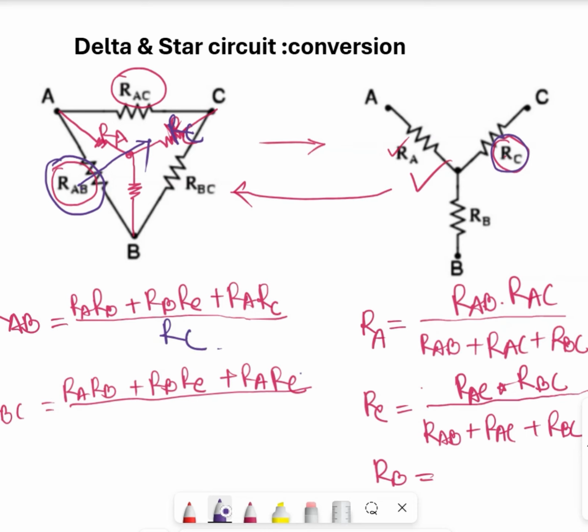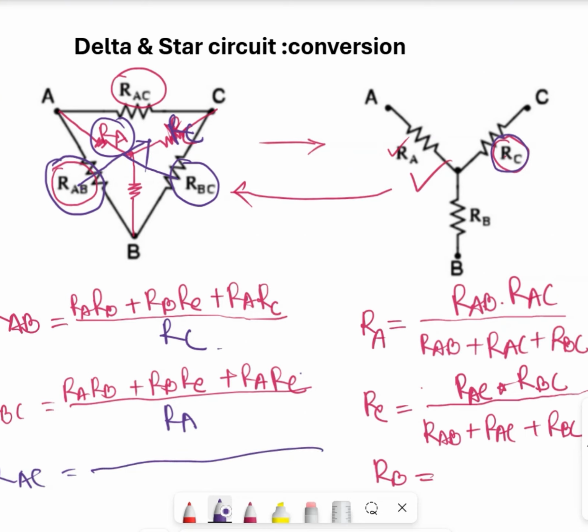Hope you understand. Now try RBC. Where is RBC? This one is RBC. From RBC, which one can we see? We can see RA. So we write down RA here. Now it is your turn to write down RAC. This is your task.